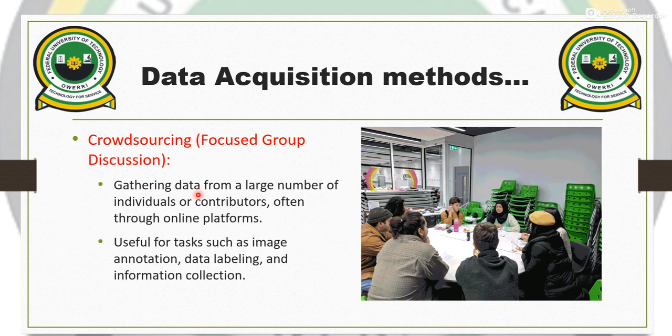Then there is crowdsourcing. You gather a group of persons, you want to assess their opinion about a particular thing, then you start posing questions, and then you start noting people's contributions to that discussion. One of the main examples of this is focus group discussion.